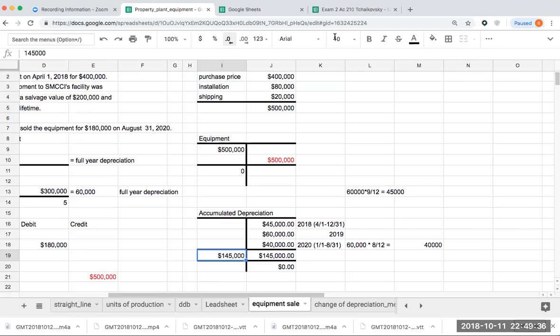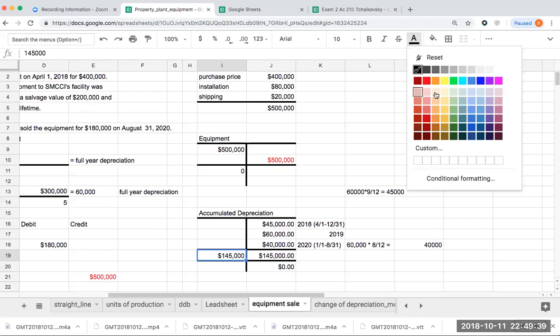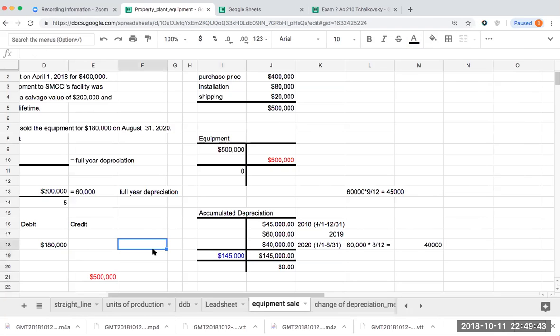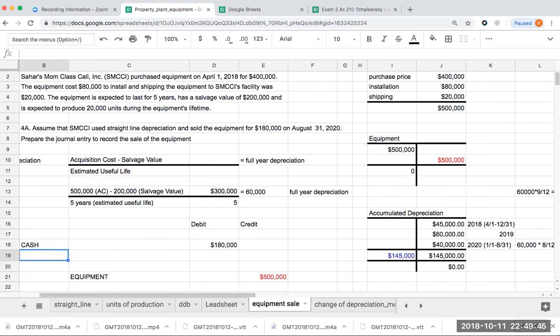So I'm going to debit accumulated depreciation, and that amount here is going to be 145,000.